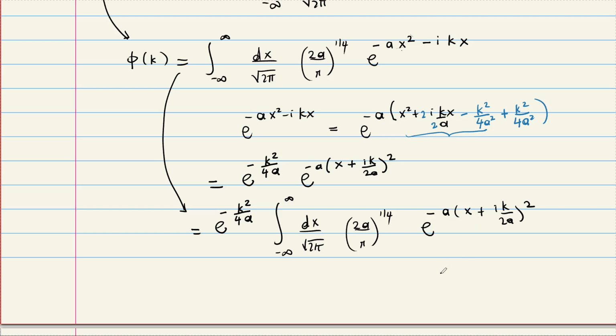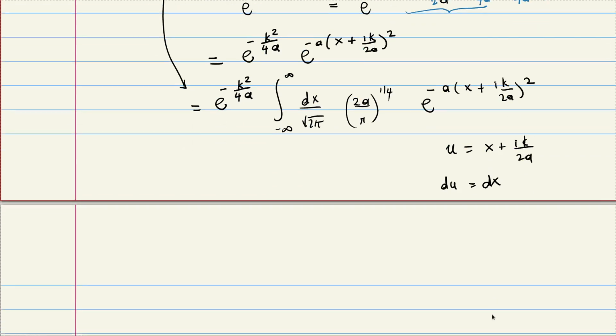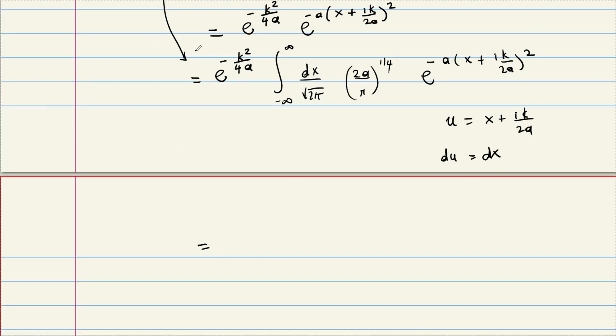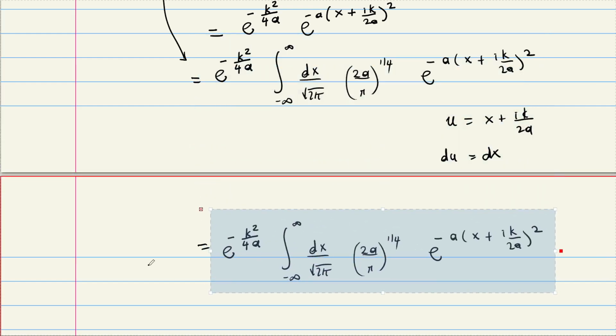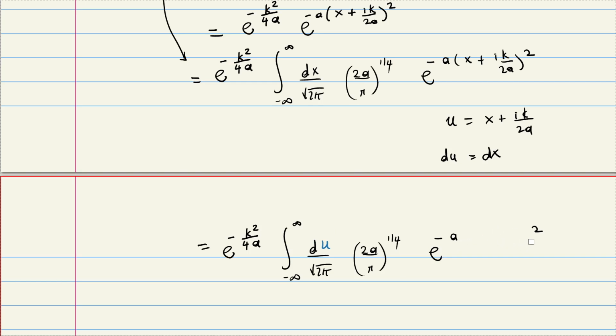Let's define u equal to x plus ik over 2a, and du is equal to dx, and this entire thing is minus a u squared.